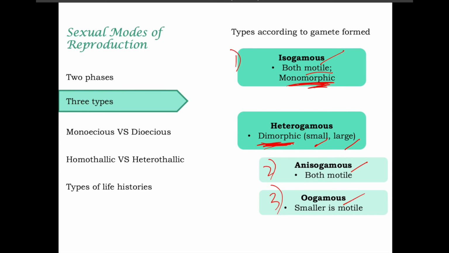In anisogamous, both the small and the large are motile. For your oogamous, only the smaller one is motile, and the larger one is non-motile.